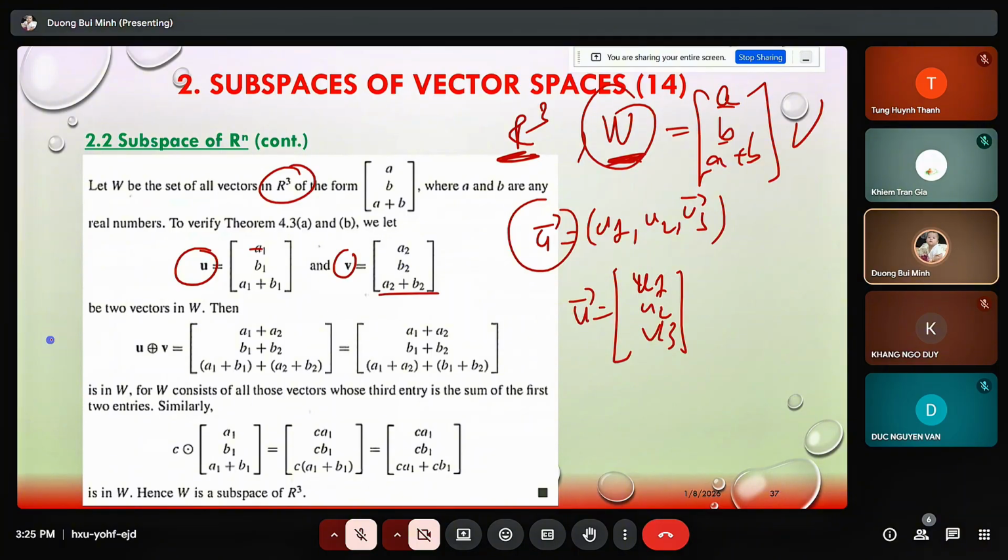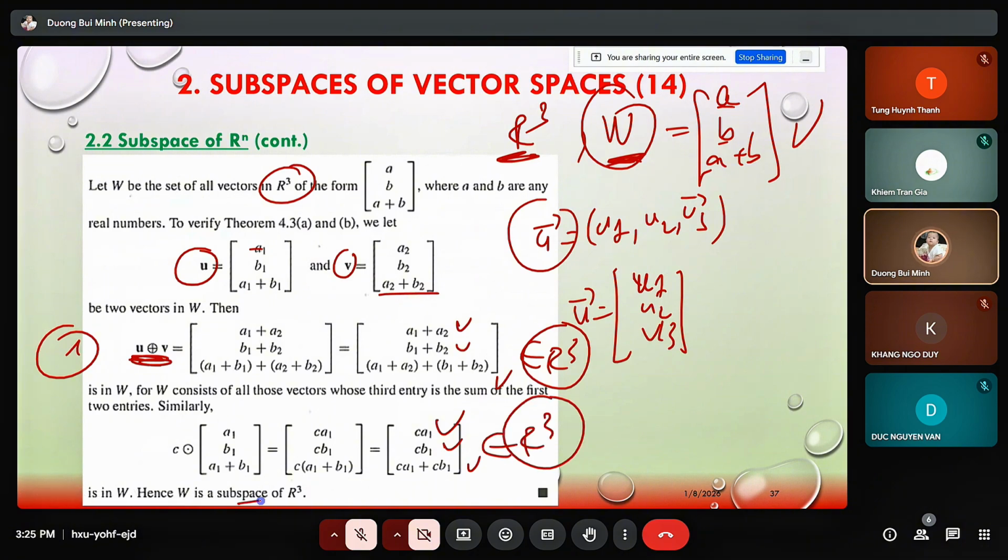And then we check SM1. So U plus V, you get this one. How many elements? 1, 2, and 3. So this belongs to R3. And then we have c times a1, b1, a1 plus b1. You get this one. How many elements? 1, 2, 3, belongs to R3. So this is a subspace.